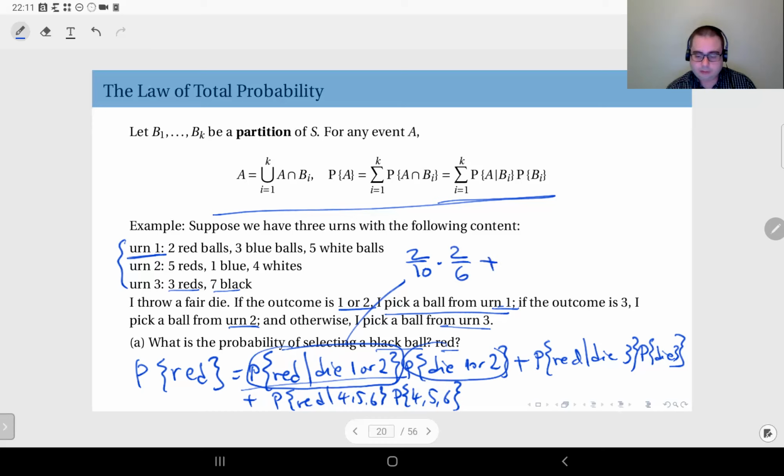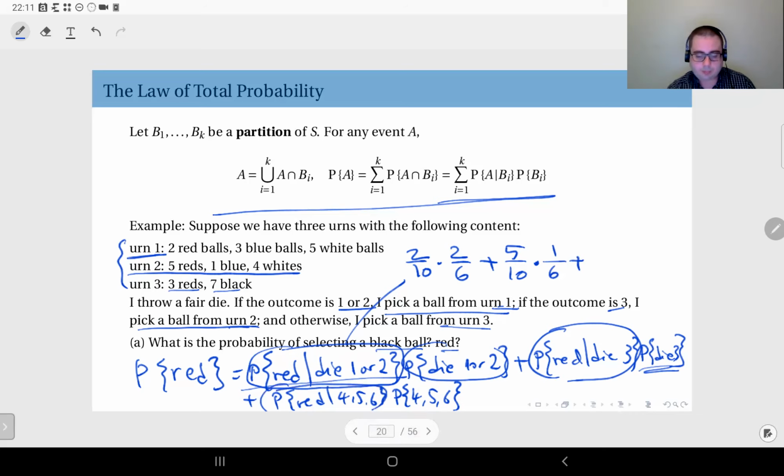Plus this one. When the die outcome is 3, I use urn number 2. So this is my sample space now. And the probability of selecting a red is 5 divided by 10 times the probability of a 3 when I throw the die, so that is 1 over 6, plus finally I have this.